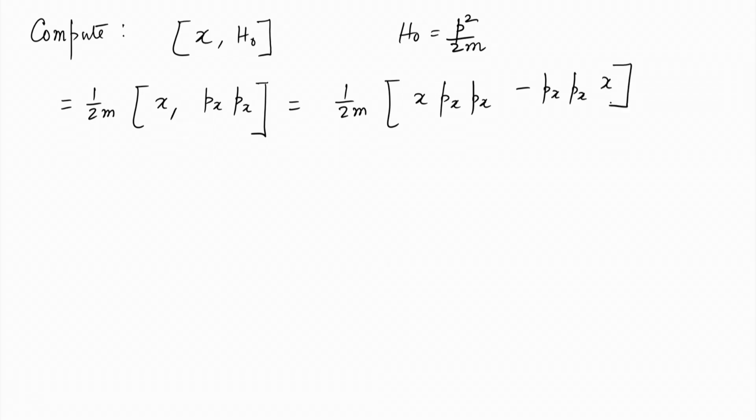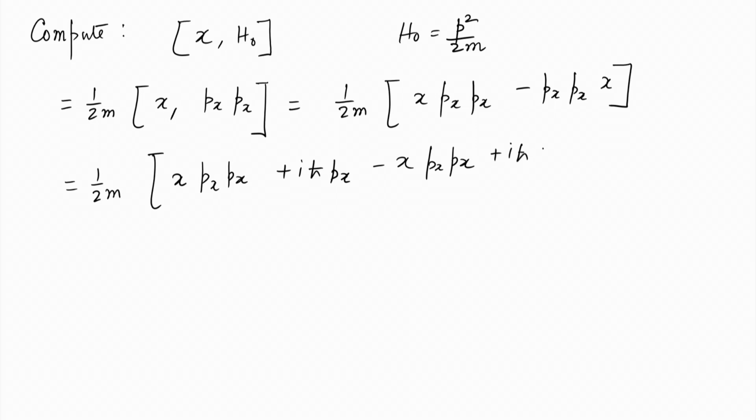This is all known to you, and then we can do a bit of simplification again, and in which we can write it as x p x p x. So, we can write it as plus i h cross p x minus x p x p x. There is one line that I have skipped, which you should fill up. There is an i h cross p x. So, this tells you that this is equal to i h cross.